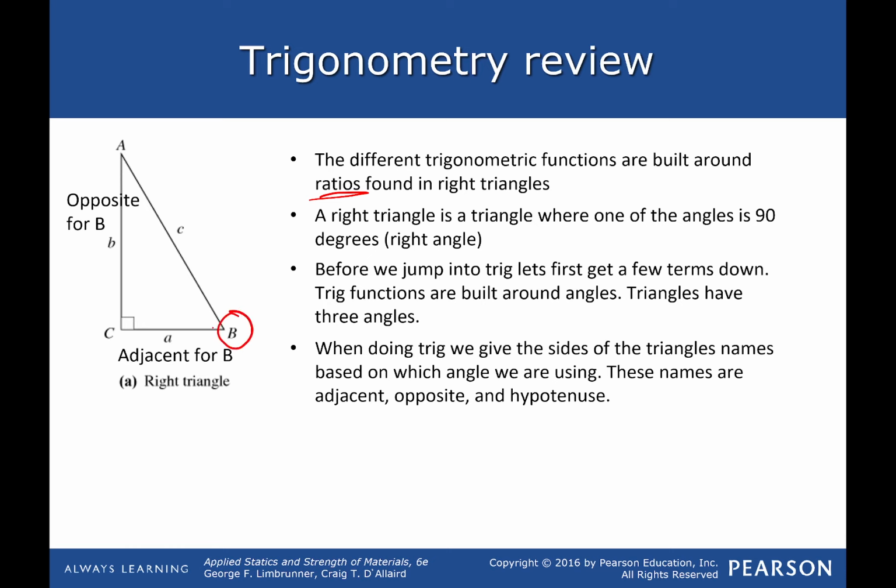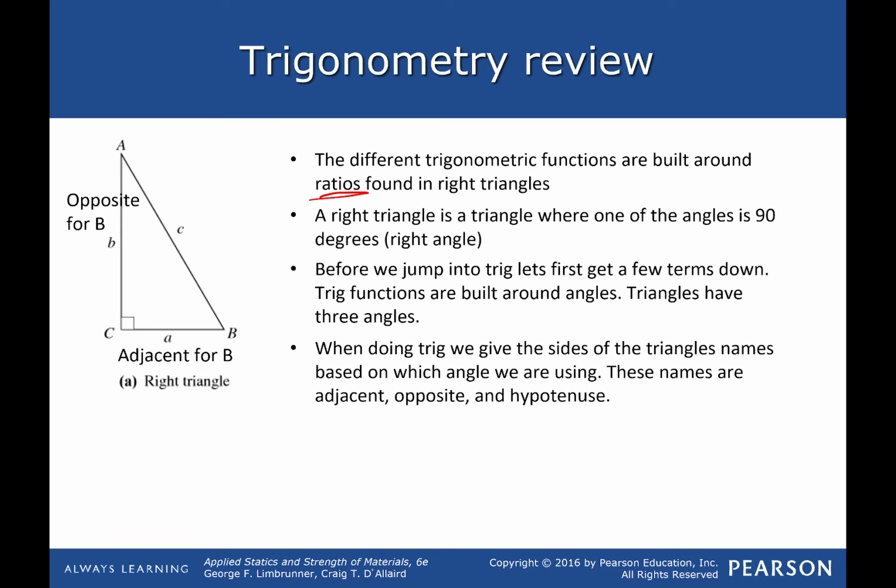So for this angle B, this one is adjacent because it is right next to it. This one is the opposite side because it is away from it. It's over here. It's opposite of B. You can think about it this way: take the triangle and make it into a little hat. The angle is at the top of the hat, and the opposite is at the bottom of the hat, okay? You might have to turn your screen or turn your page just to see that, but it helps.